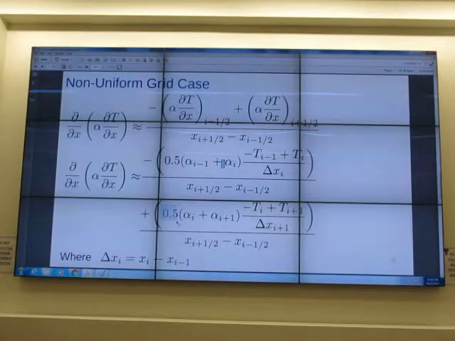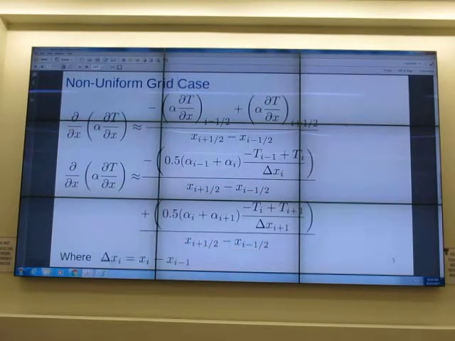You should do linear interpolation over here too. Okay. But delta on the bottom, so dT by dx at i minus half will be i plus half minus i minus half.